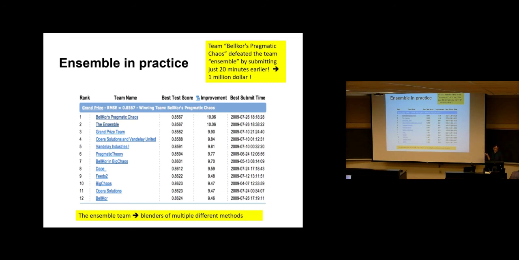The second team was ensemble based. The first and second teams got exactly similar performance, but the first team was 20 minutes earlier. So the first team got the 1 million prize.